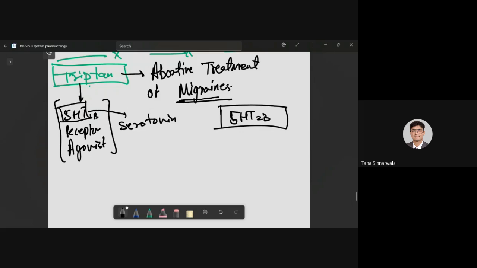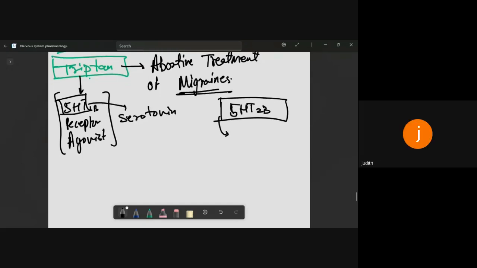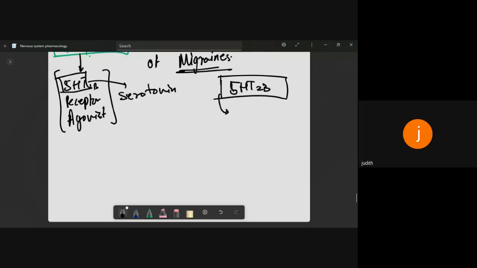There is another medication which specifically blocks 5-HT2B. Is it ondansetron for vomiting? I don't know if it's type B or 2. Ondansetron, okay, could be. There is a huge group of medications though.